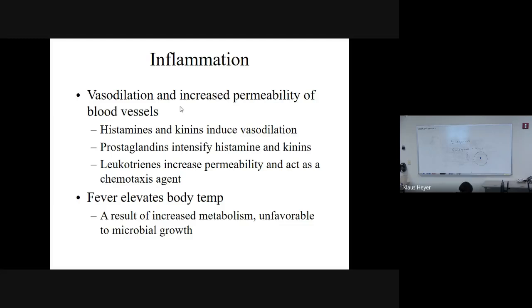And then I have some chemicals, some chemotaxis. Well, these are some chemicals. They're kinins. So anyway, just so that I've written it, histamines and kinins cause vasodilation. They all kind of work together. Then you have prostaglandins. I'm going to come back to this.